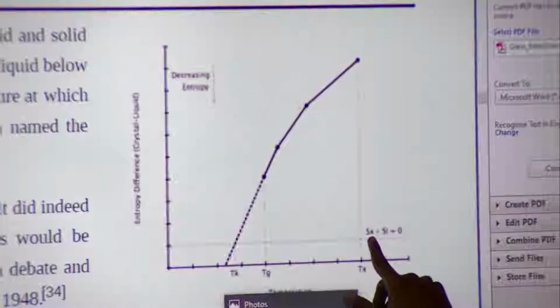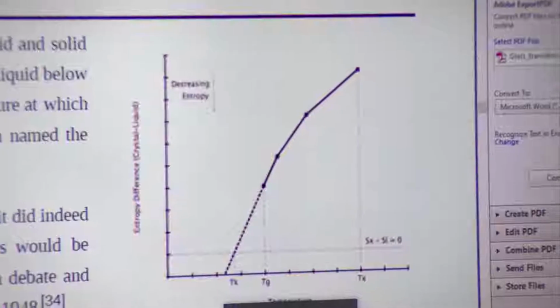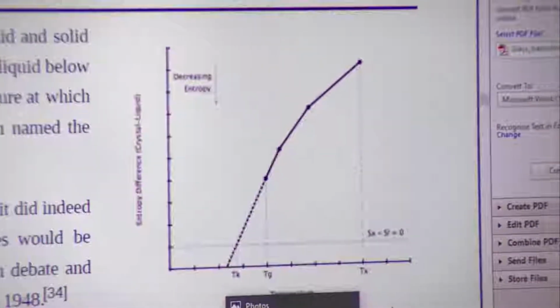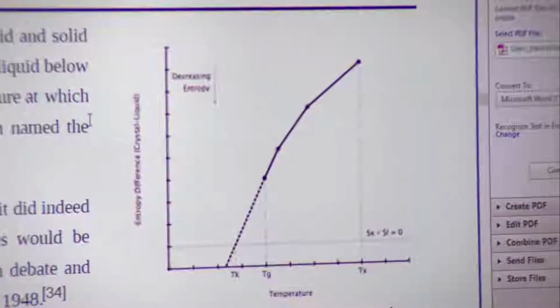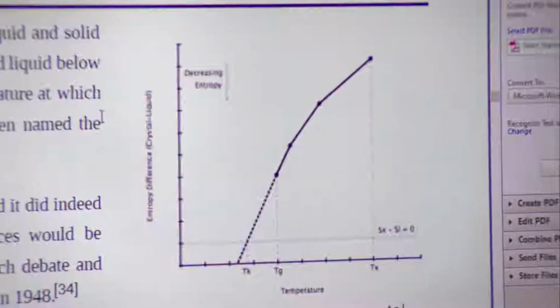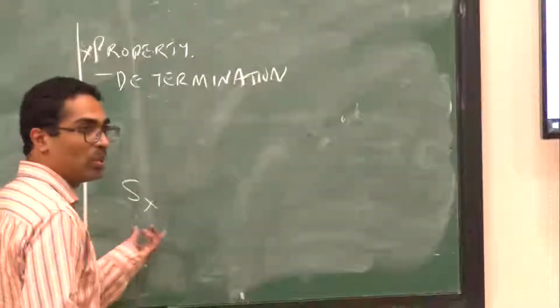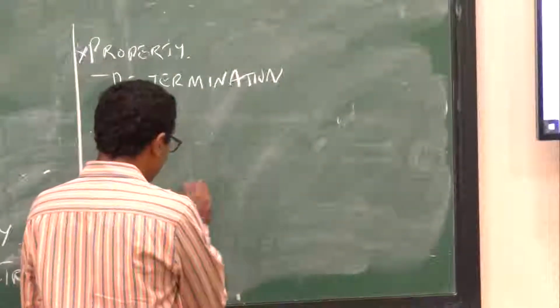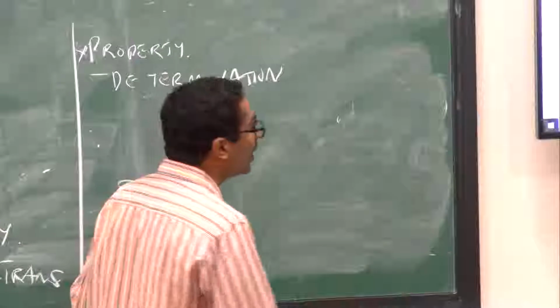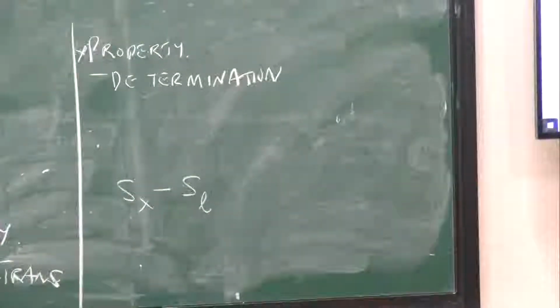So, this one is Sx minus Sl, where Sl stands for the entropy associated with the liquid. So, they are distinguishing between two phases.